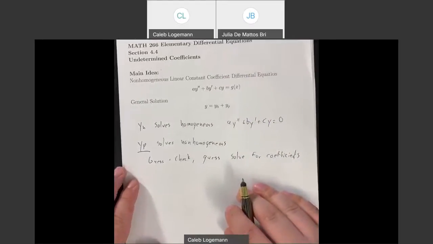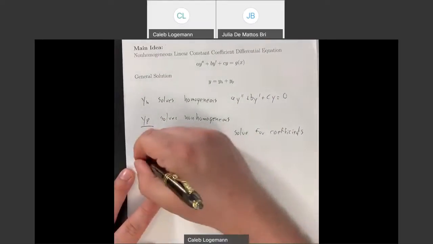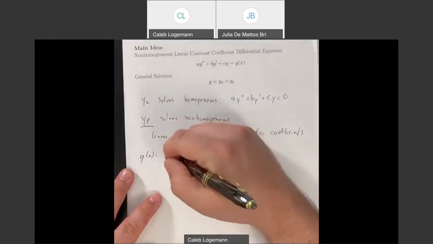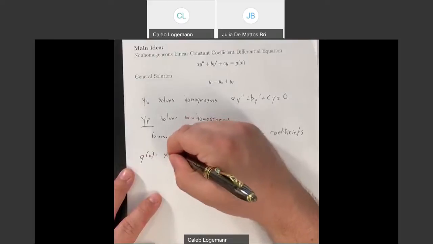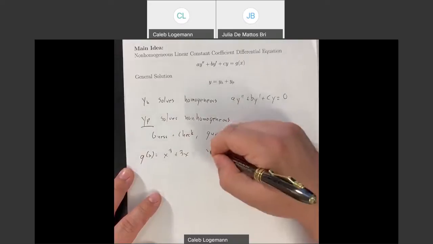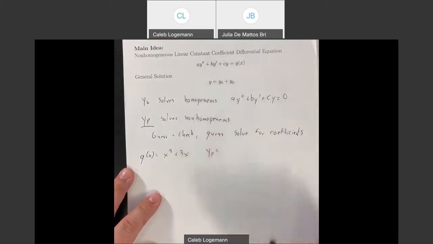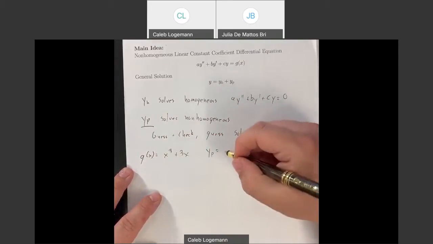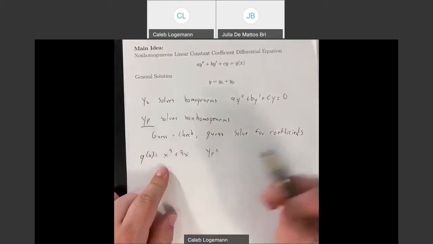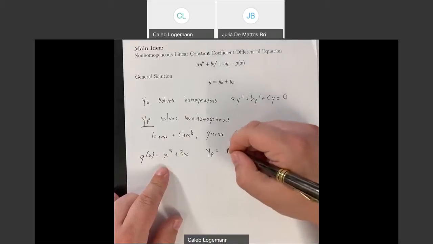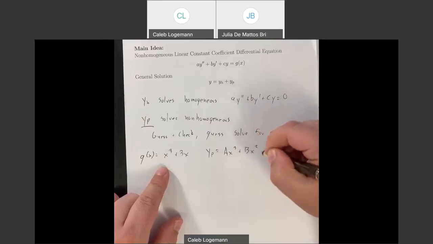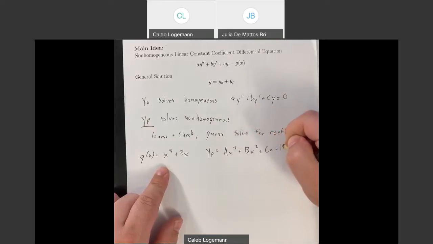So for a couple of examples, say g of x is a polynomial, something like x cubed plus 3x. Then our guess, y sub p, is going to look like another polynomial, and it has to be at least as high order as the original polynomial. So for example, we might guess something that looks like a x cubed plus b x squared plus c x plus d.